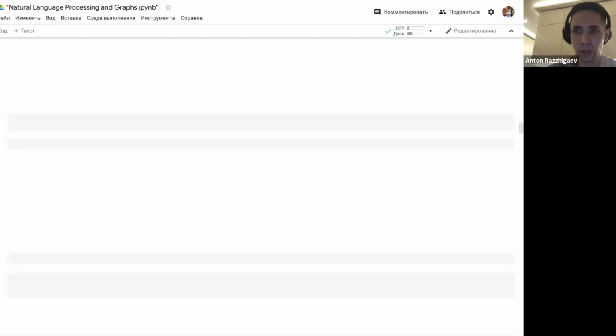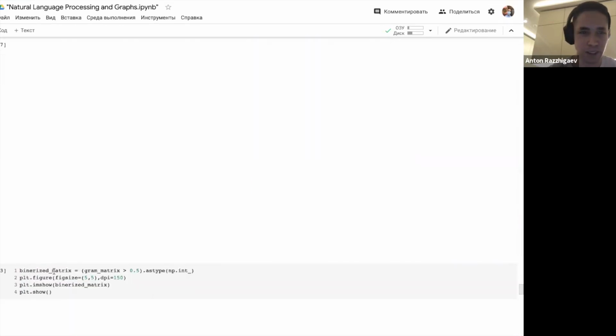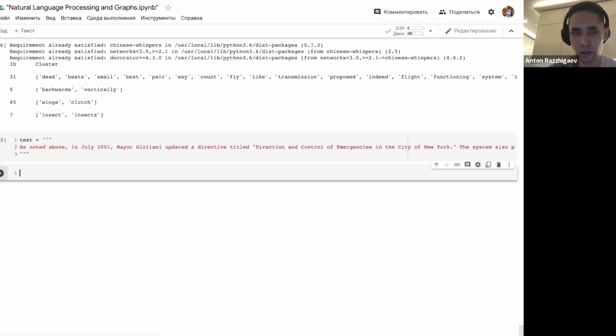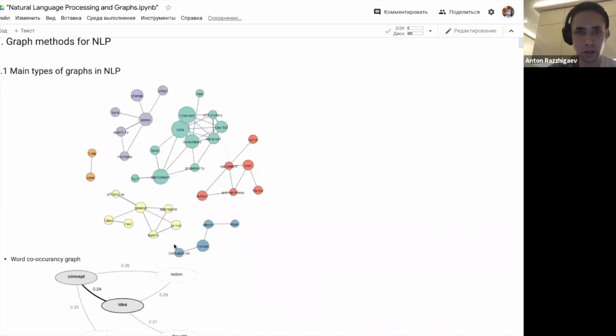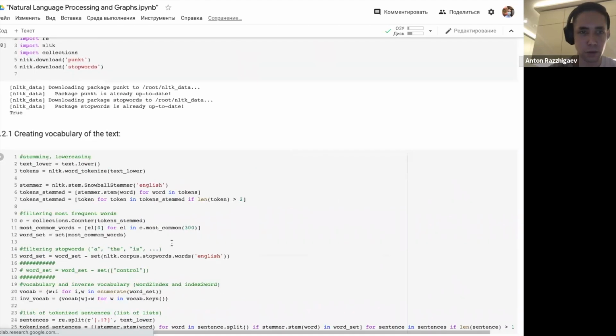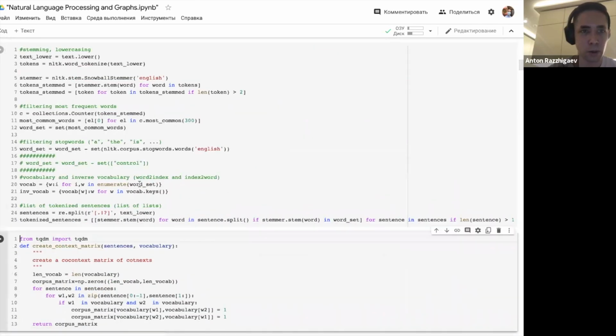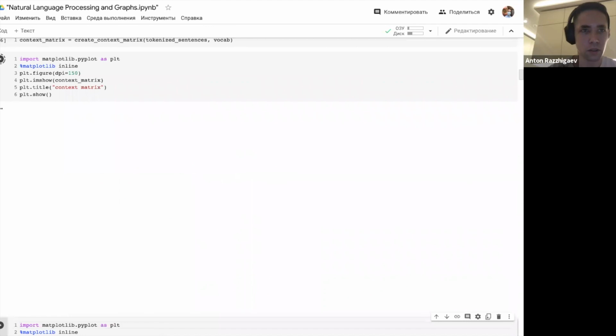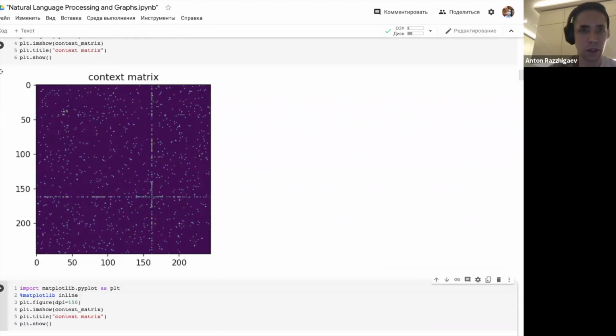Not another text about flies again. This text. No. Without subtracting control, the word matrix. Here it is.